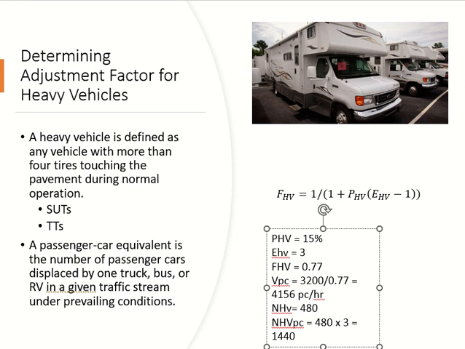These are 15% of the total, right? The remaining is what? Passenger cars, already, don't need to convert, right? So I just add them now.